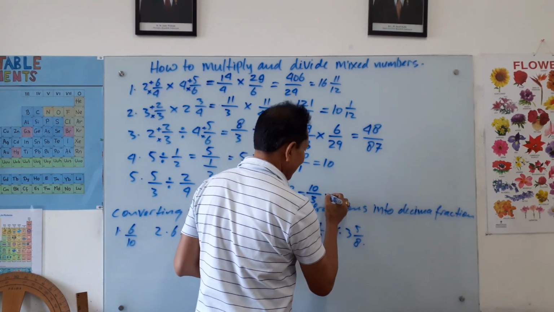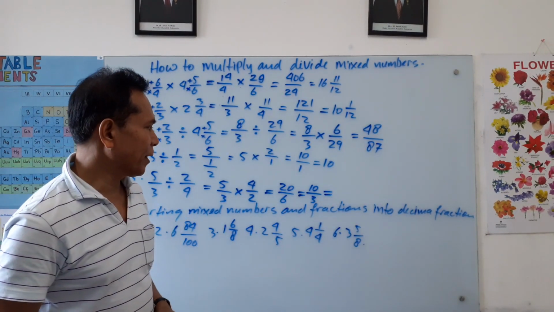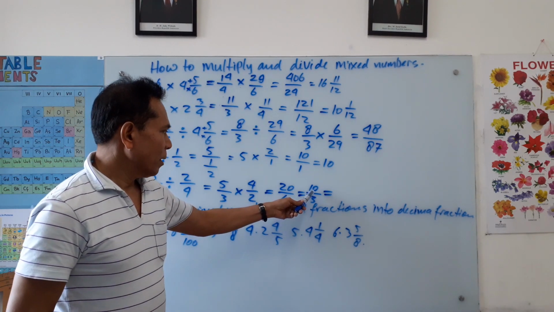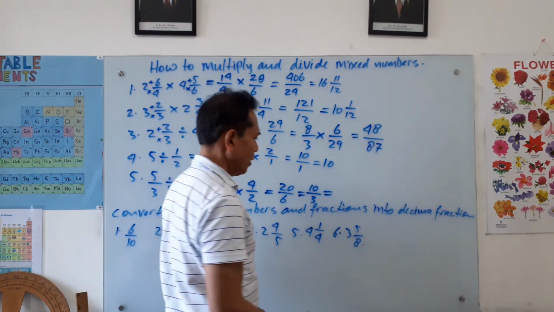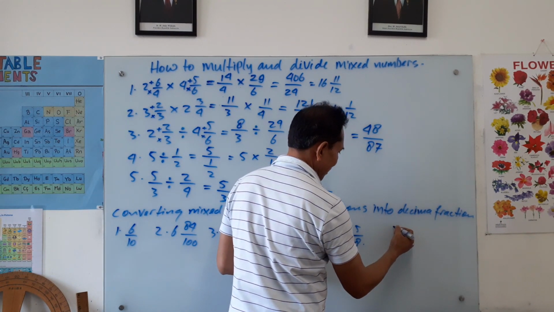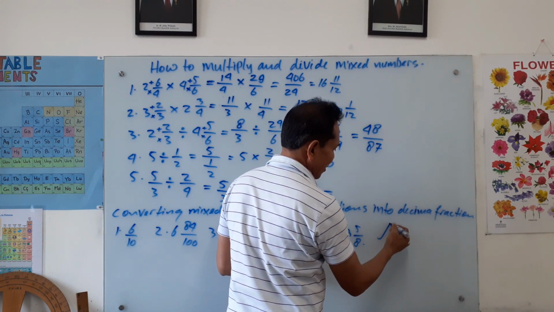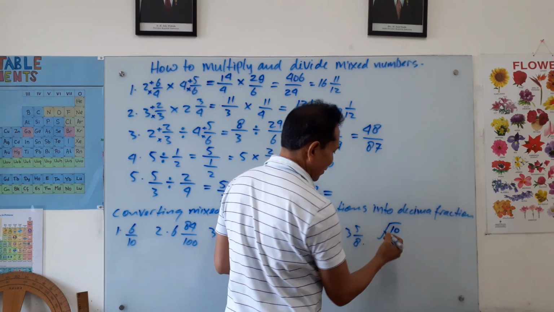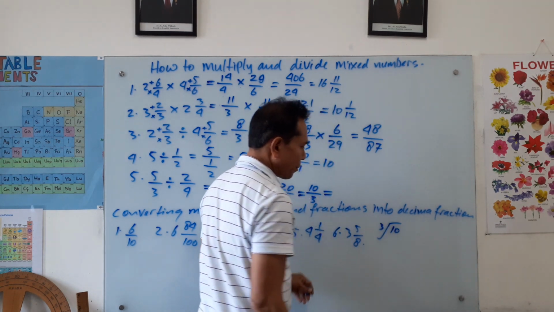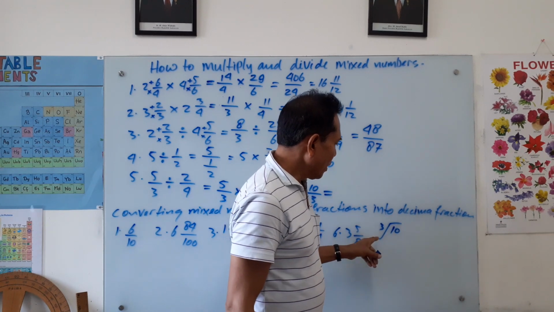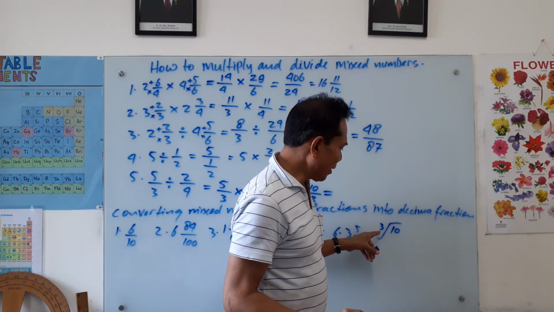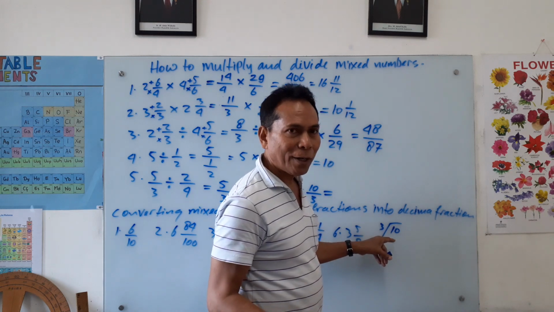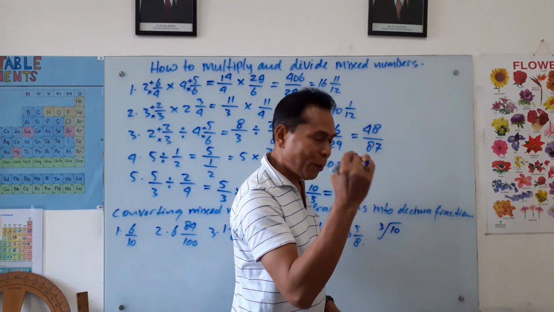Now we can still simplify this. 10 divided by 3. Let's do it manually. Small number, but we do it manually. I show you how to do it. 3. Take a number that you multiply with 3, you get 10 or lower than 10, no more than 10.